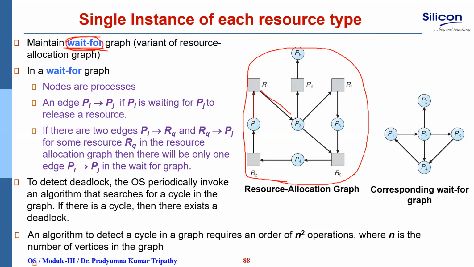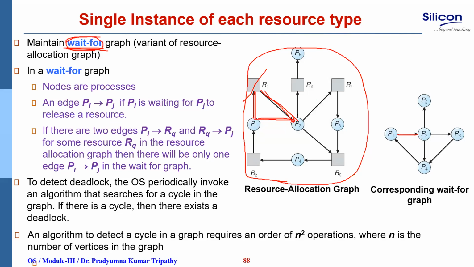If there is an edge from a process to a resource and from that resource to a process, we'll remove the resource and make a direct edge from process to process. Is it understood? So check here, P1 to R1, R1 to P2. So I'll put an edge from P1 to P2.